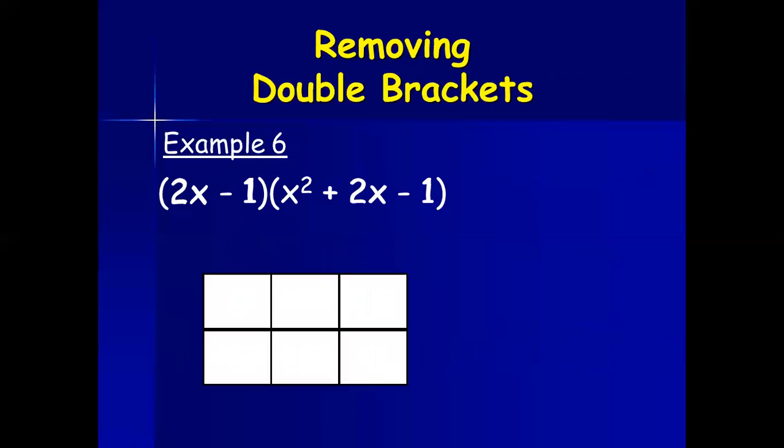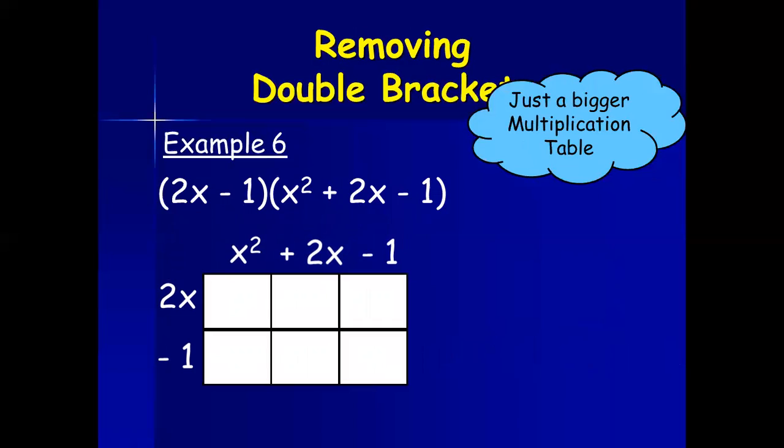Okay, for example, I have this and I will put the table in front of me. I will put 2x on the first square and negative 1 under it, and then x power 2 on the first square, and then 2x, and then negative 1. And I will start multiplying normally with the same steps. 2x multiply x power 2 will be 2x power 3. 2x multiply 2x will be 4x power 2.